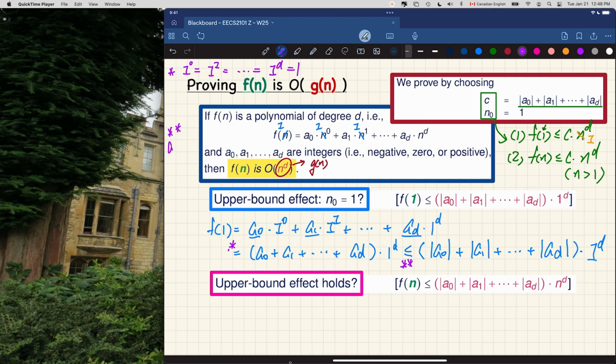So I know that A0 is less than or equal to its absolute value. A1 here is also less than or equal to its absolute value, and etc.